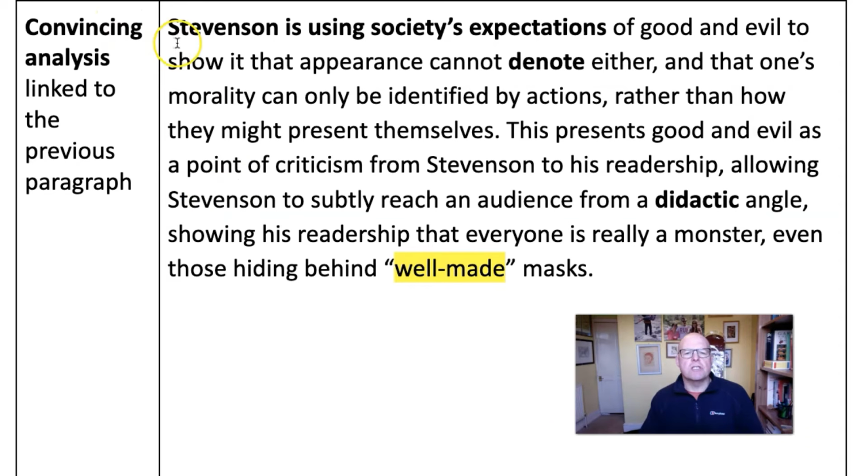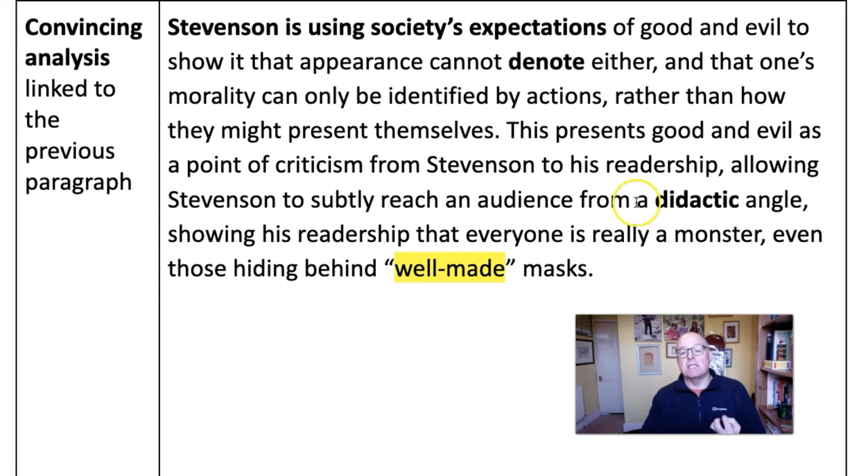Stevenson is using society's expectations of good and evil to show it that appearance cannot denote either, and that one's morality can only be identified by actions rather than how they might present themselves. This presents good and evil as a point of criticism from Stevenson to his readership, allowing Stevenson to subtly reach an audience from a didactic angle.